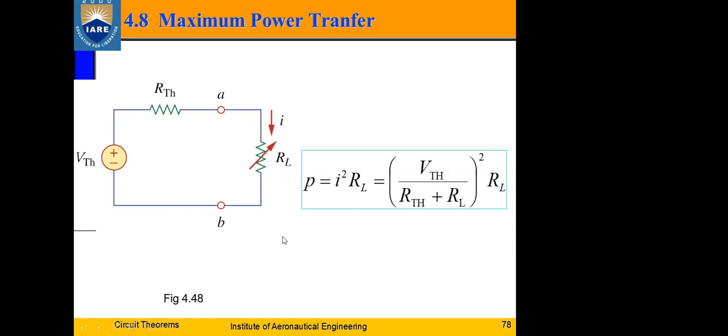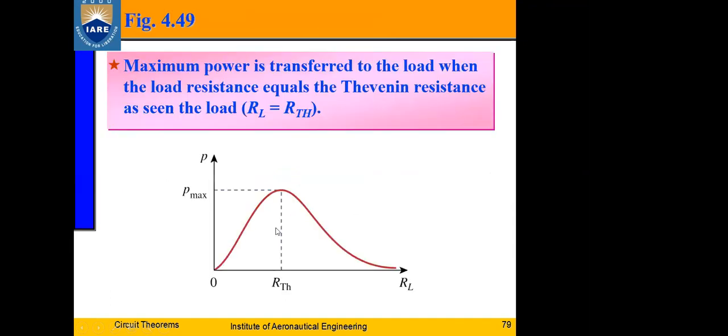The maximum power transfer theorem is generally employed in electronic circuits where the power transferred to the circuit can be made maximum. We can define the amount of power that can be made to flow through the circuit by defining the resistance.